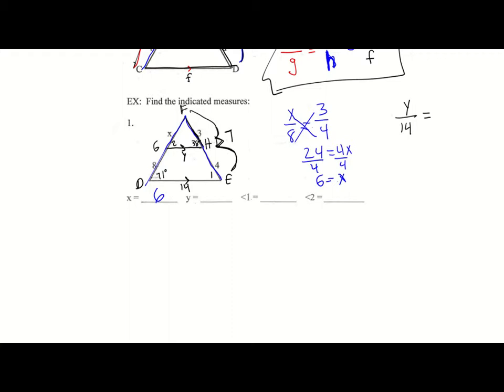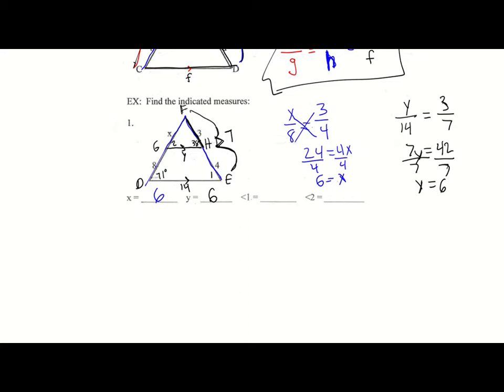And then the small side of our triangle here is 3. So if we have our small triangle to our large triangle, we would have 3 over 7. So now we can solve. We have 7 times y is 7y, and 3 times 14 is 42. Divide by 7, and y equals 6. So our y is also going to equal 6 over here.